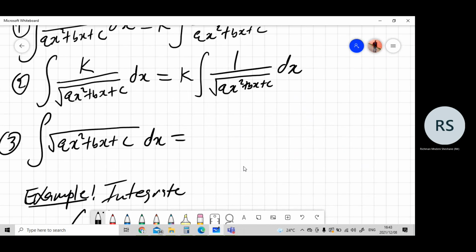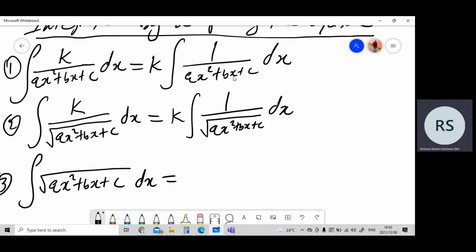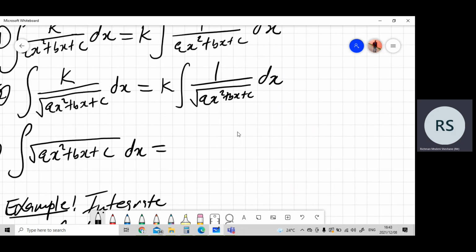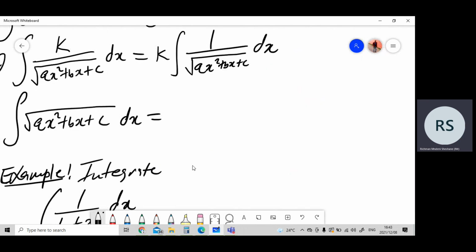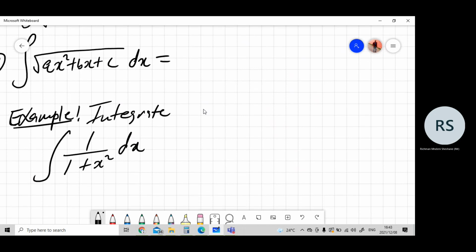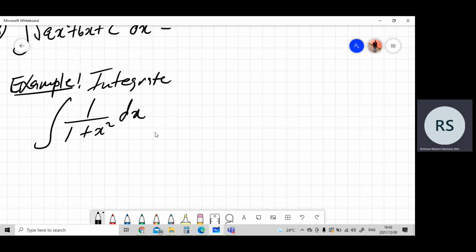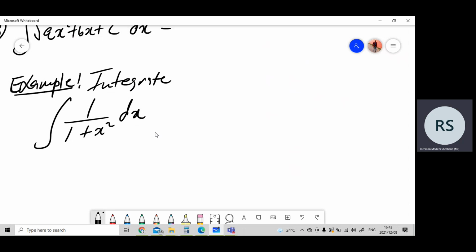Remember, your quadratic usually has 3 terms. The reason for completing the square is to put our quadratic into 2 terms. But in this case, our quadratic is already in 2 terms. Once your quadratic is in 2 terms, you're able to use these standard formulas.